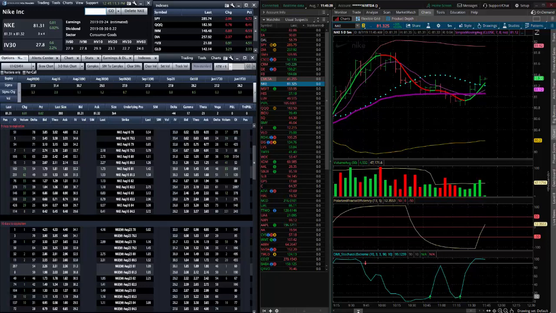This is not a get rich quick. Now, as your account grows, you'll be allocating more, and if you apply the same rules, the way that you treat a 2 lot or a 200 lot should be the same.